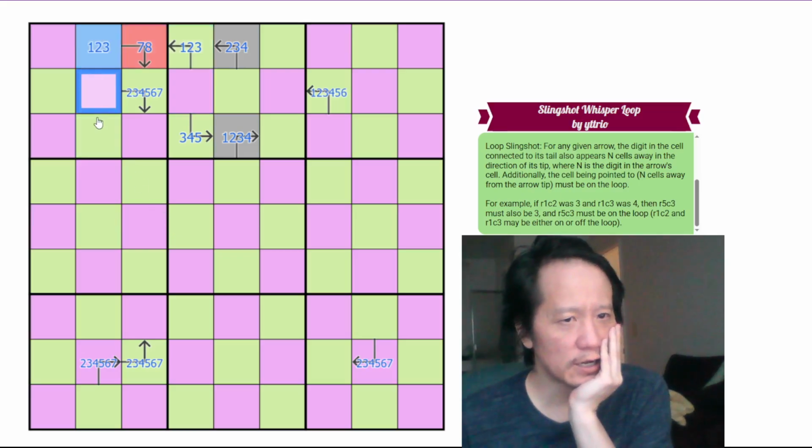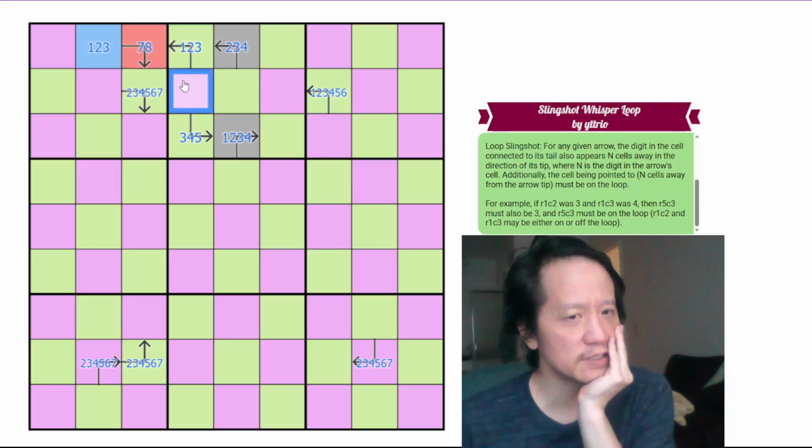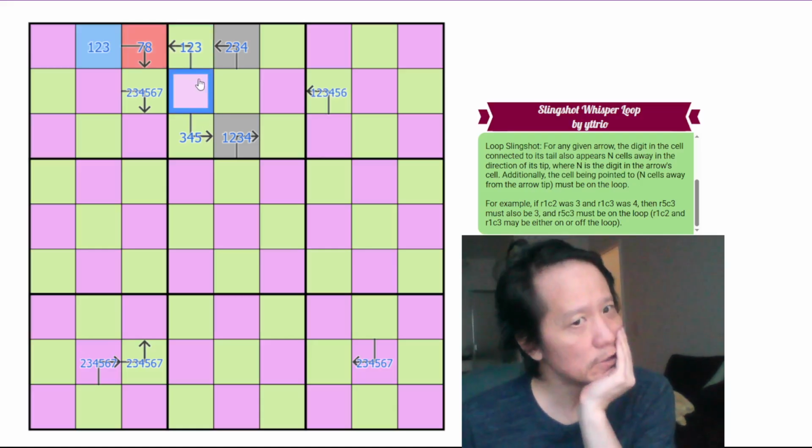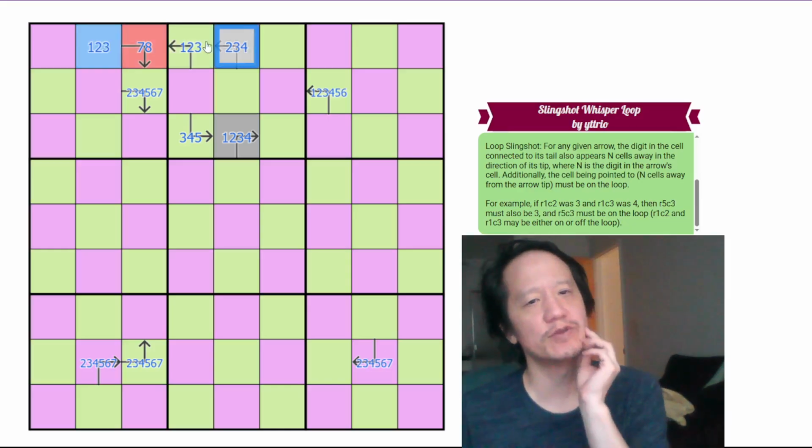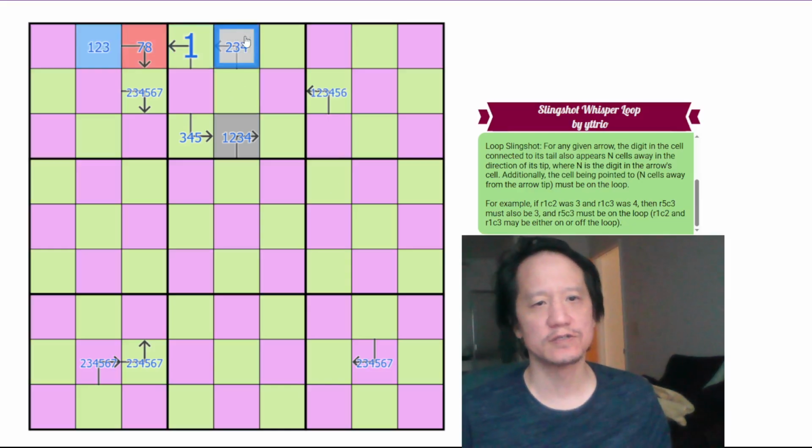This would be high. This would be pointing to that. It would have to be the same as that digit here. So this would be 1. This would have to be the low, so it would have to be 3. So we would guarantee this is 1 and 3, which would make this 2.